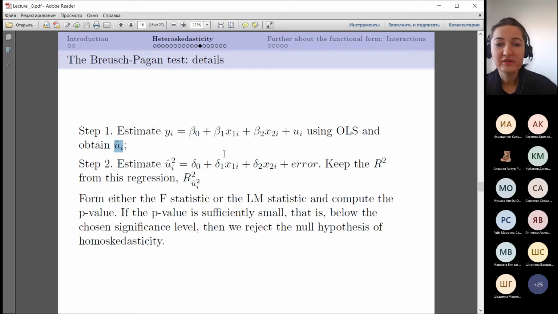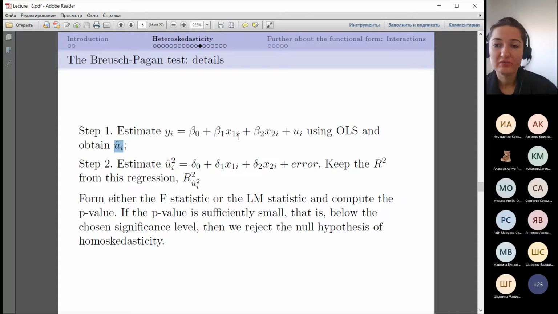And after we obtain the residuals, in the second step, first of all, we should square these residuals, and then we can take these squared residuals as the dependent variable on the same independent variables on the right side. So our auxiliary, additional regression will look like this. Here are the squared residuals, and on the right side of this equation, you can notice the same explanatory variables as in the previous step.